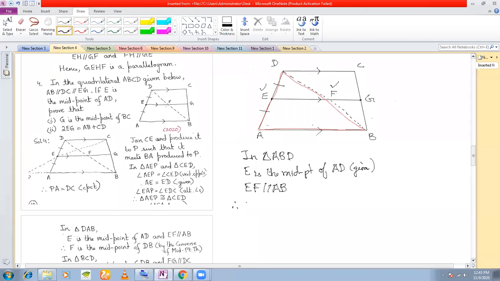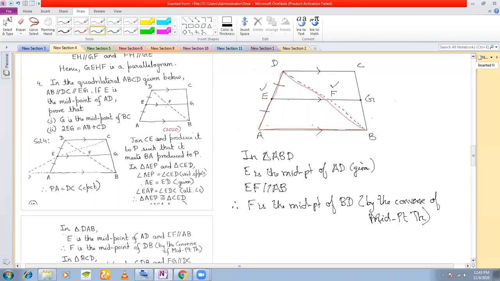Therefore, F is the midpoint of BD, by the converse of the midpoint theorem. So we have proved F is the midpoint.